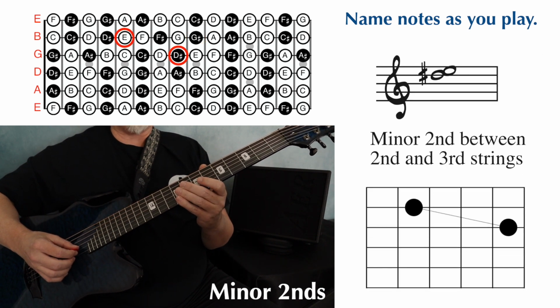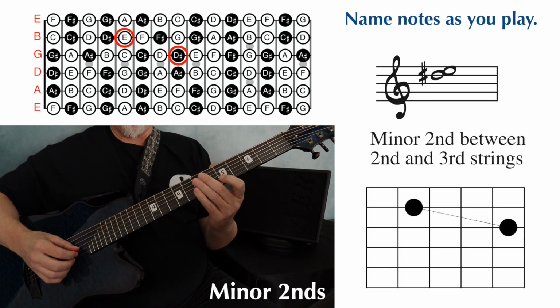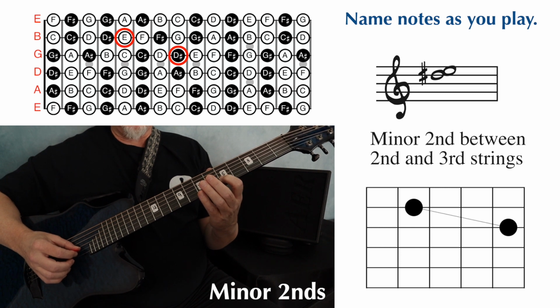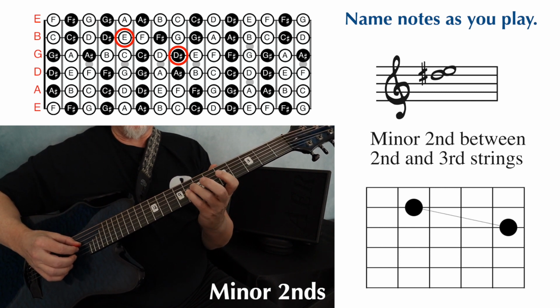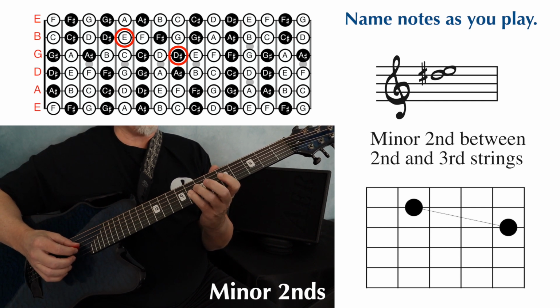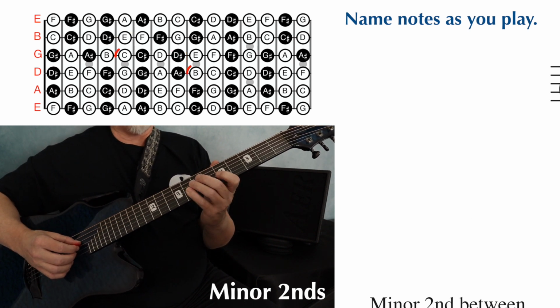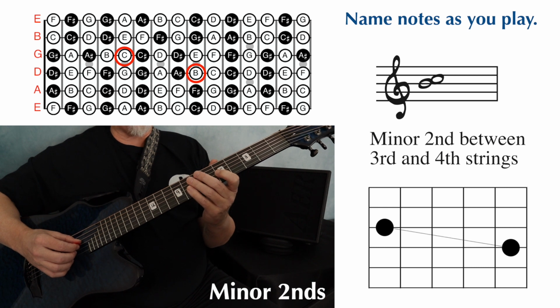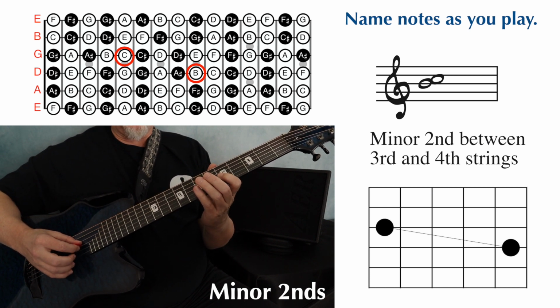Minor second between strings 2 and 3 is 3 frets distance. So here's an E, D sharp. A minor second between strings 3 and 4 is 4 frets distance.